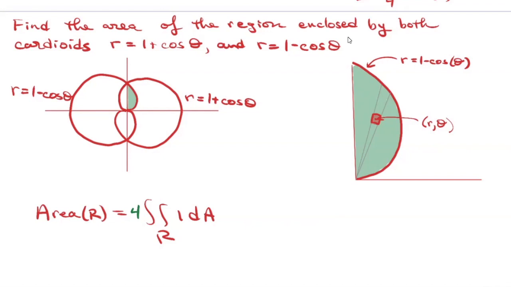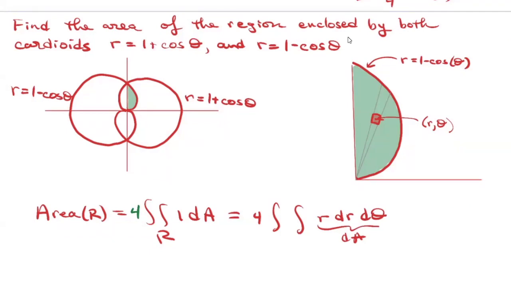Okay, let's go straight into it then. So we're going to go 4 integral dA, which is r dr d theta. It always gets an r. Otherwise, it's not an area. Okay, limits for r.